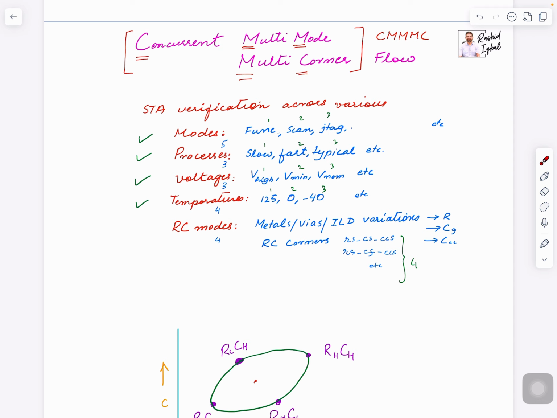But nowadays the width of those metals, metal variations, vias and metals, interlayer dielectric variations can produce variation even within each metal. So nowadays we have more RC corners.